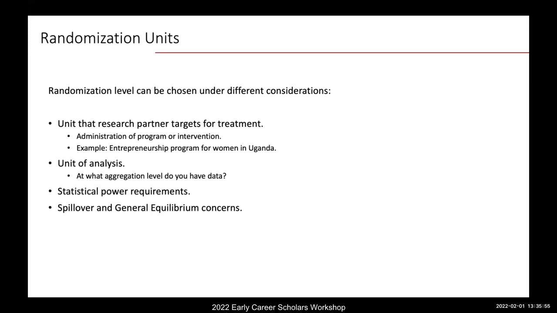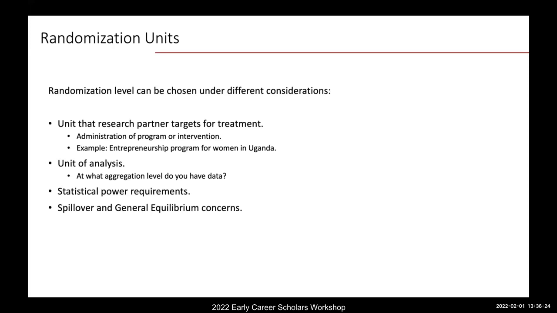So it could be, for example, that you have an entrepreneurship program that is targeted to women in Uganda, and then your target unit is going to be the individual. But it could also be that you're implementing a program that is going to affect school inputs, and then your randomization unit should be the school because the entire school is going to receive the treatment.